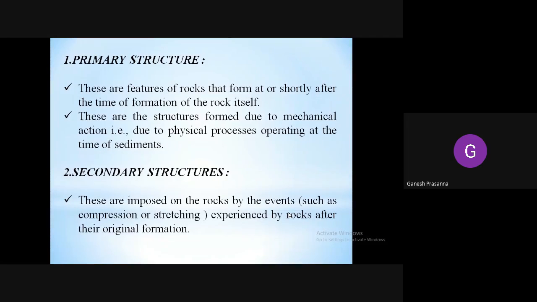Once the rock has been formed, there are certain forces like compression, stretching, and tension which have direct impacts on the rocks. These events result in secondary changes after the formation, and those are attributed to the secondary structures.